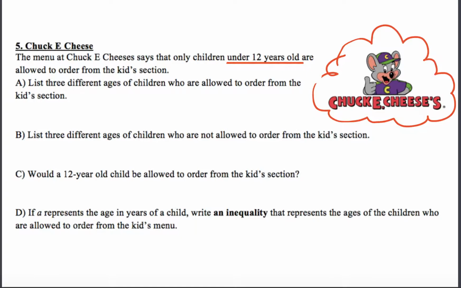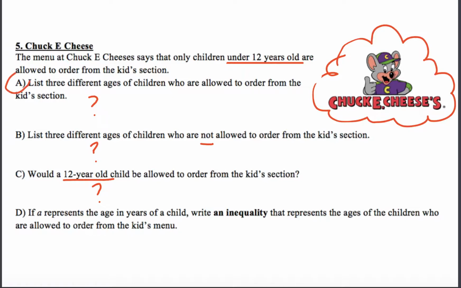Take a moment and list 3 different ages of children who are allowed to order from the kids section. Now list 3 different ages of children who are not allowed to order from the kids section. Finally, ask yourself, would a 12-year-old child be allowed to order from the kids section?